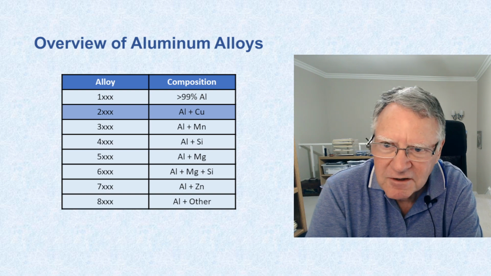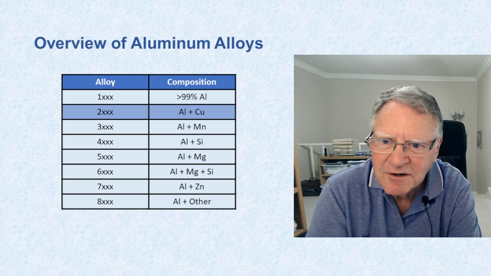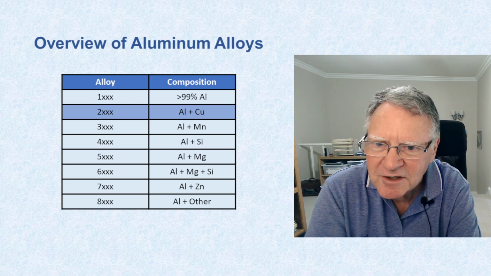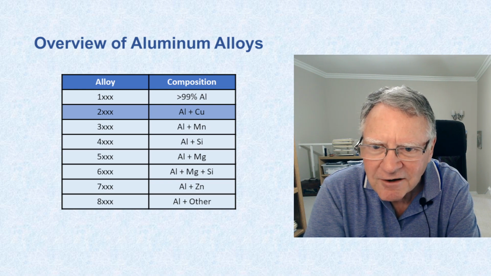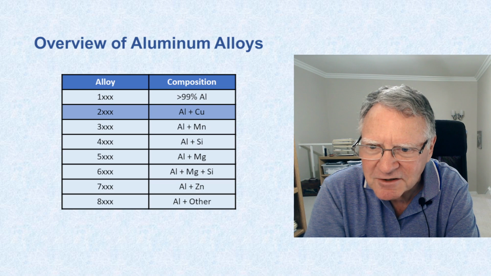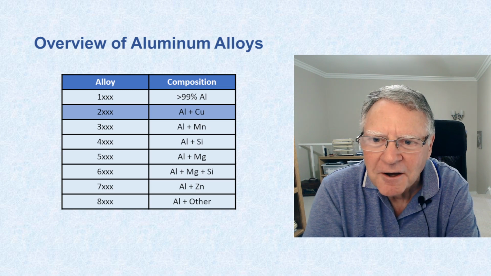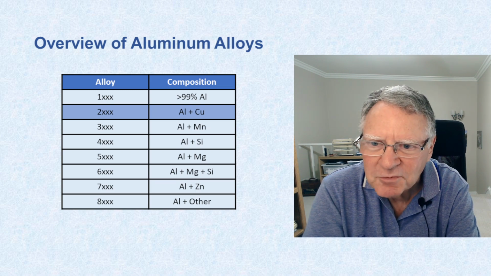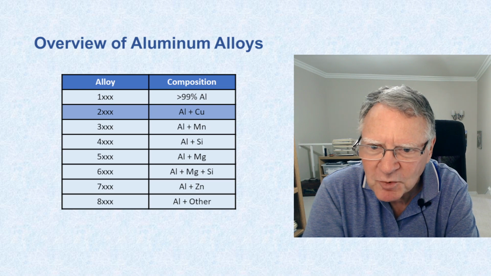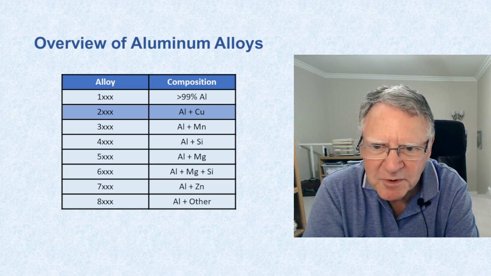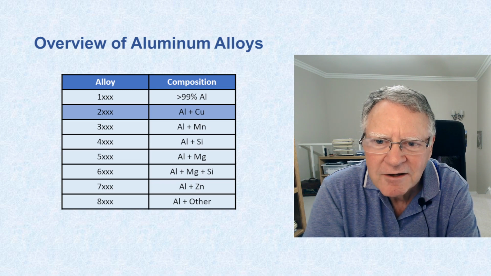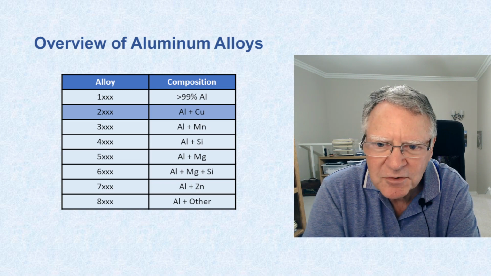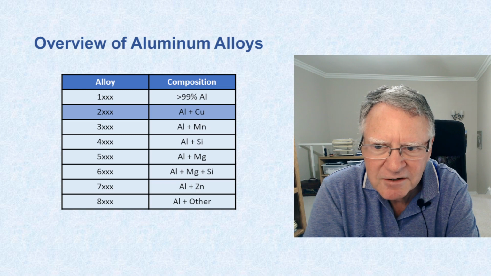Okay, there's a zillion different aluminum alloys. So somebody went to the trouble of trying to organize them. The Aluminum Association of America or somebody. So this is what they came up with. The type 1 alloys are basically pure aluminum. They're greater than 99% aluminum. The type 2 alloys, the primary impurity is copper.